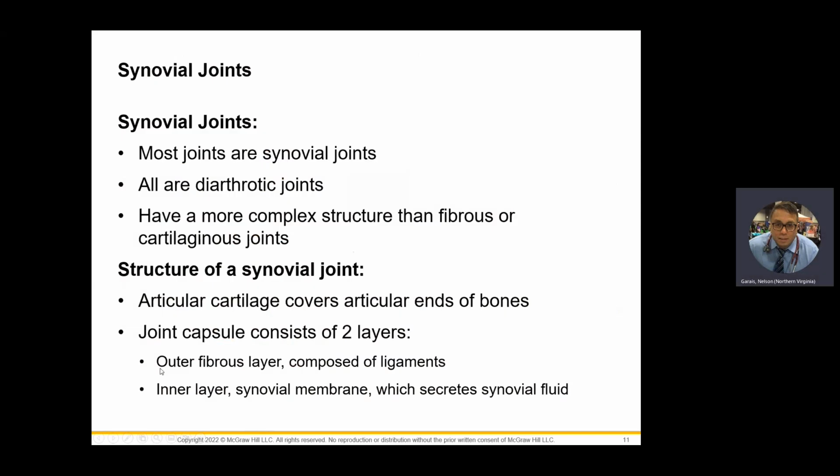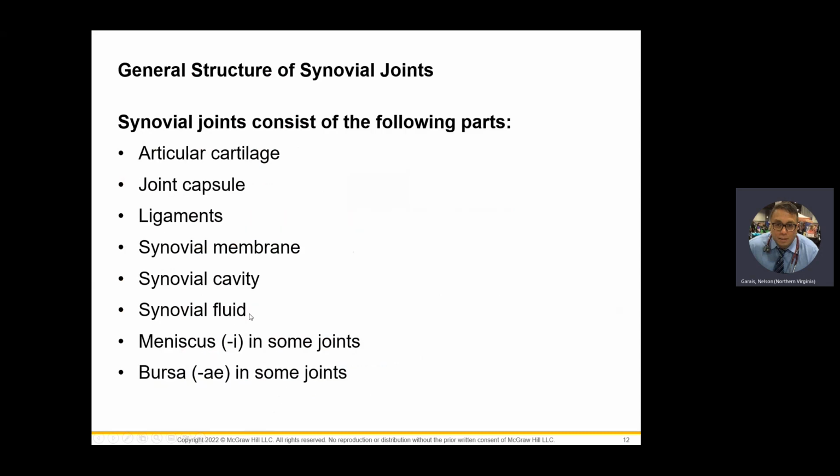Now, synovial joints, those are diarthrotic. They all move super freely. They are very complex because if you move something a lot, we learned in muscles that it'll tend to get hurt. And the knee is your classic synovial joint. They have an outer fibrous layer, that makes sense, protection, ligaments, which connect bone to bone, and then the inner layer, which has synovial fluid.